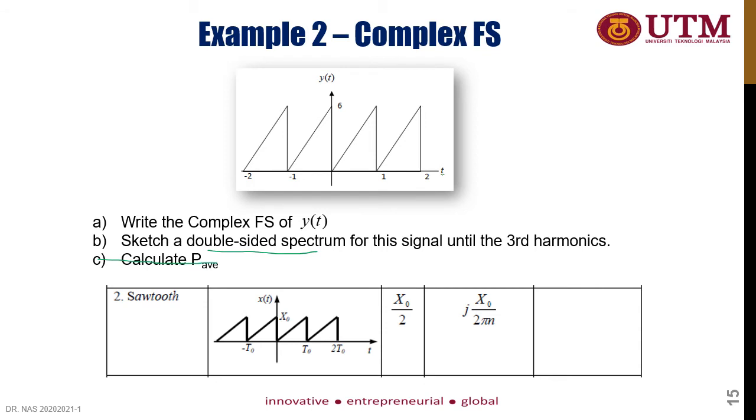So first step, always refer to the table. Look at the more or less similar shape and identify what is the x0 and T0, and then C0 and also Cn, and don't forget the remarks.